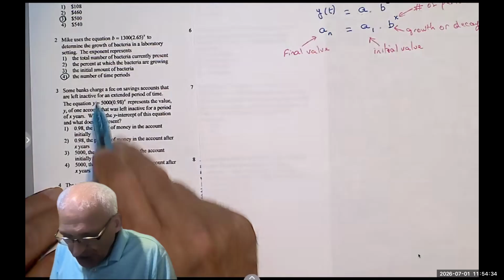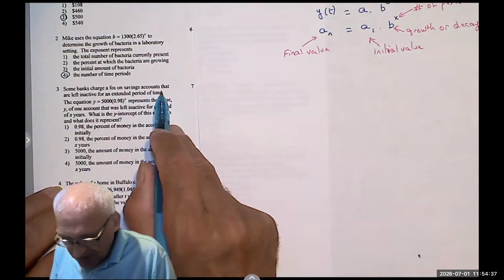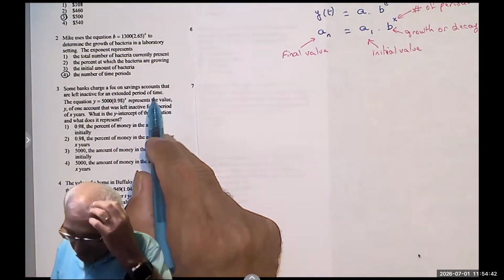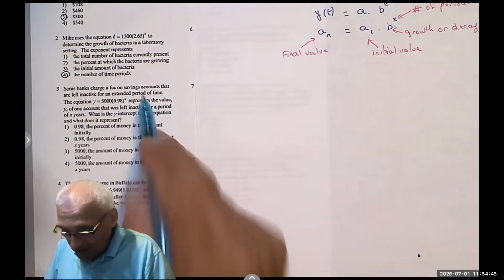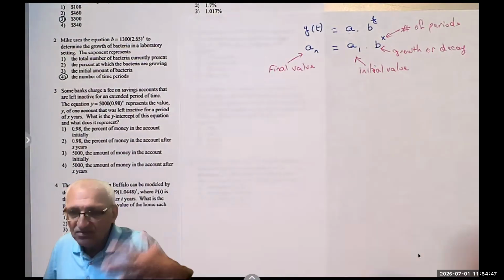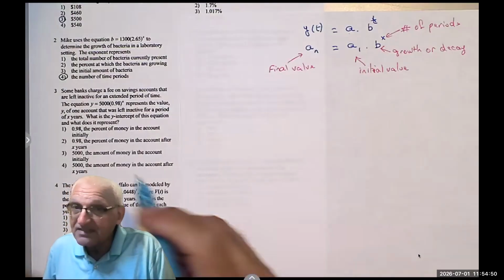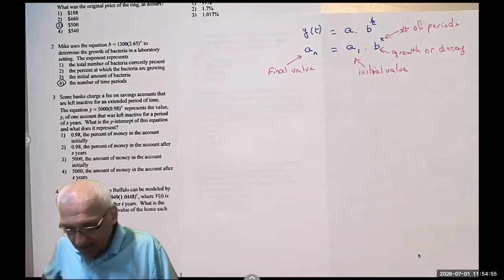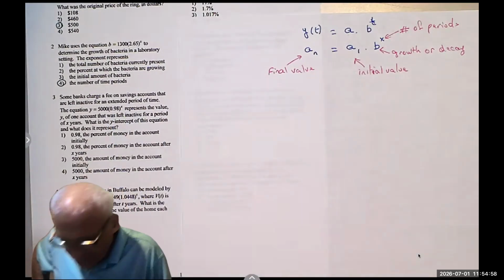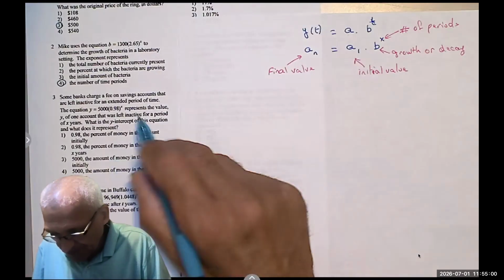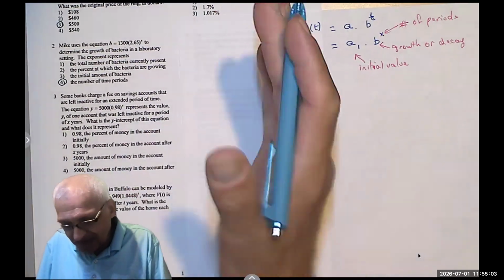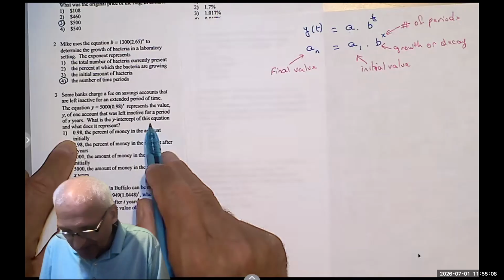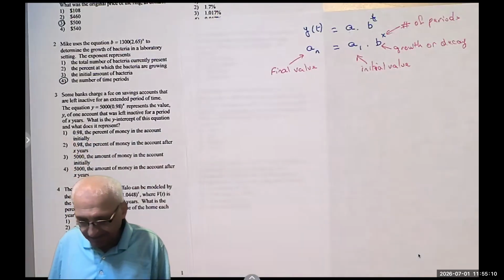Some banks charge a fee on savings accounts that are left inactive for an extended period of time. So you deposit money in your savings account, but you just forget about it. So they say, okay, if you are not going to use your account, we are going to use this equation, and we'll see what it means in a second. Okay, what is the y-intercept of this equation and what does it represent?